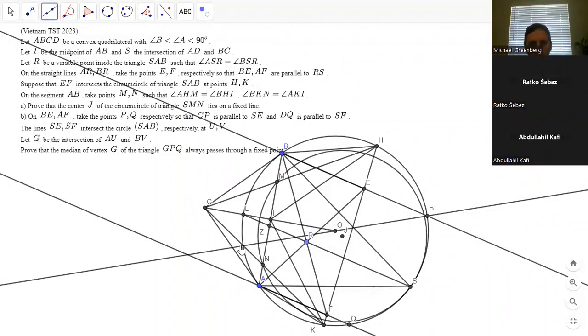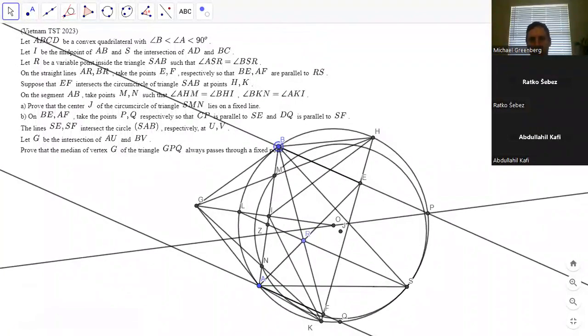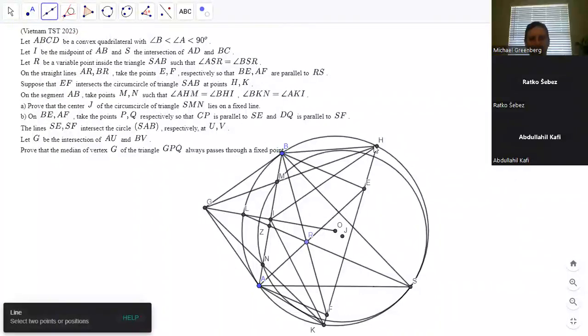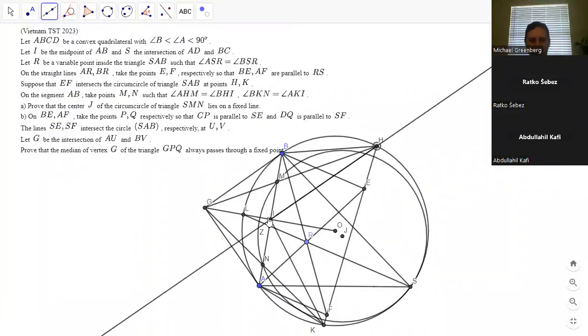Is this the antipode of P? Probably not. Yeah. I don't know if that does anything. If I draw HI, maybe it would help to draw these two points.